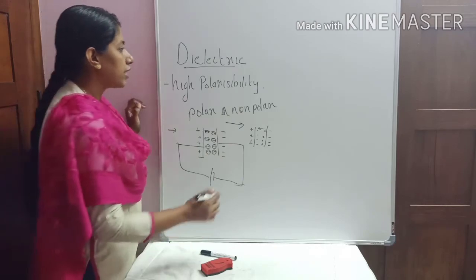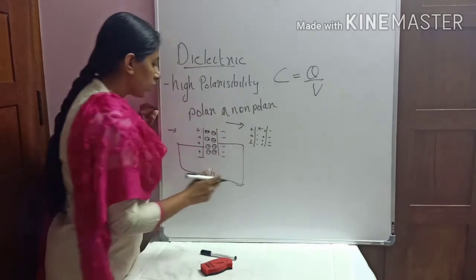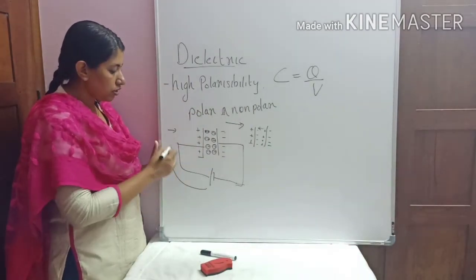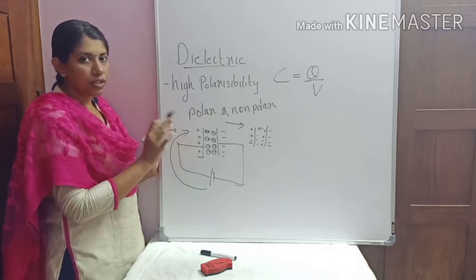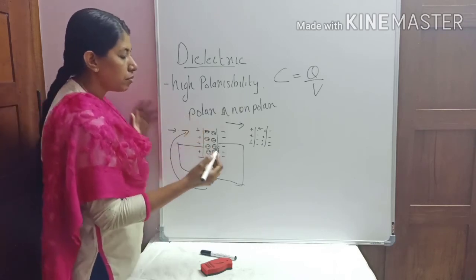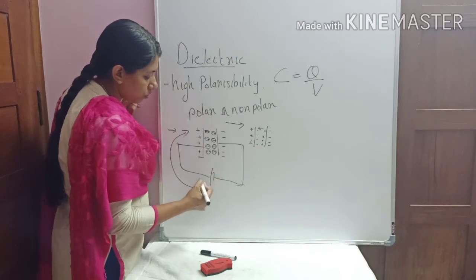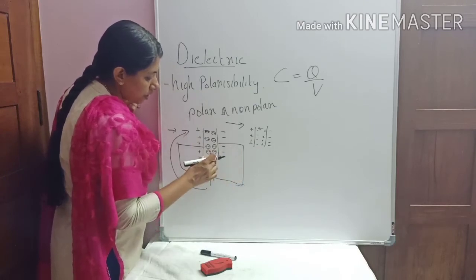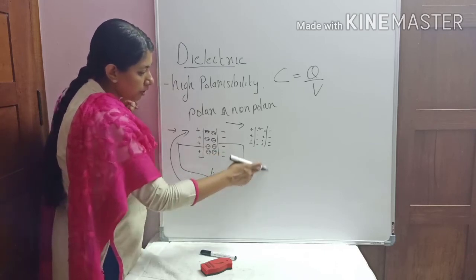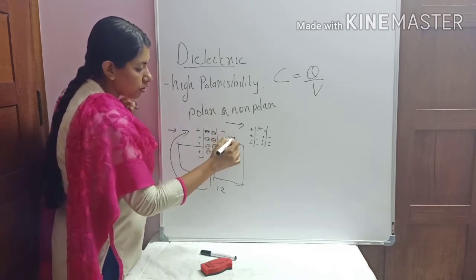When the dielectric is placed inside it, we have seen the relation C is equal to Q by V. We should always keep in mind that the capacitor will always charge up to the supply voltage. It cannot charge more than that value. When the dielectric is placed inside, the net voltage in this portion is getting reduced, but the voltage supply will try to maintain the voltage at, say, 12 volt itself.